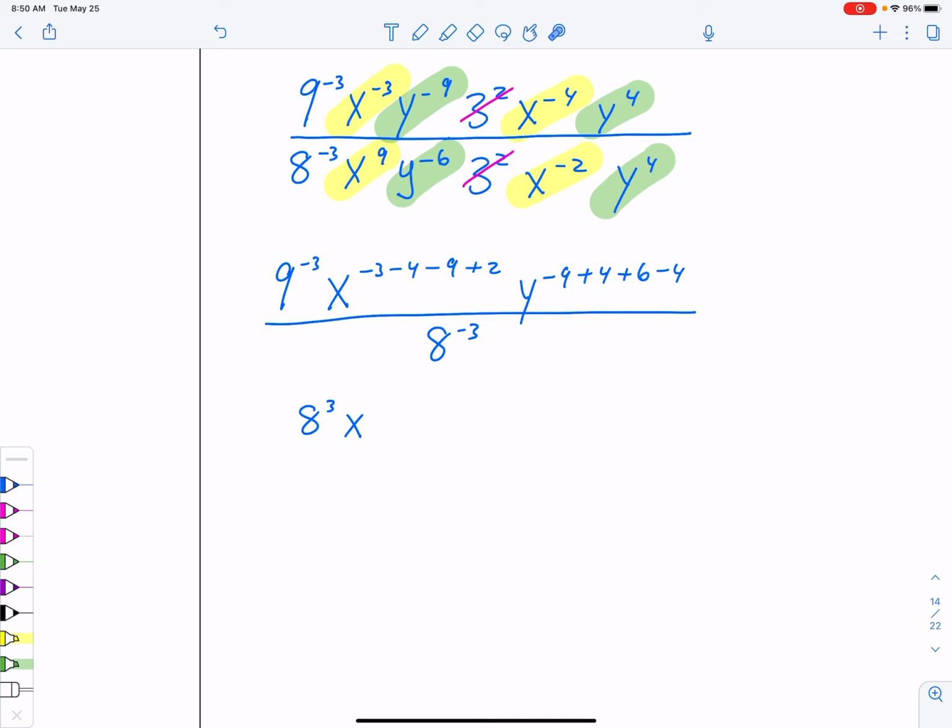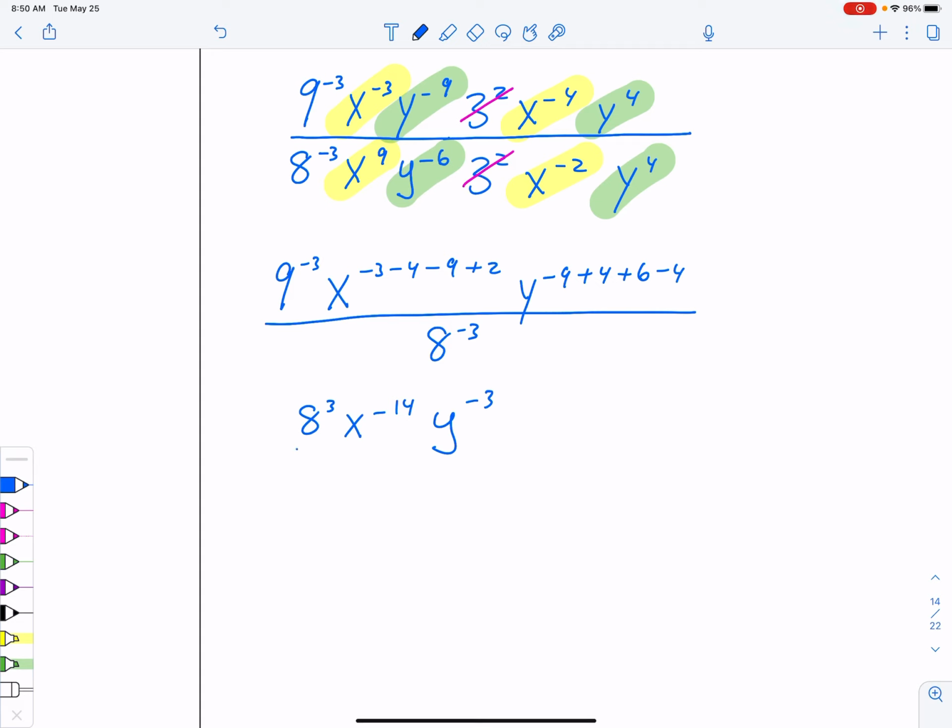So we get negative 14. And then over here, we have negative 9 plus 4 plus 6 minus 4. So negative 9 plus 4 plus 6 minus 4. So we get negative 3.